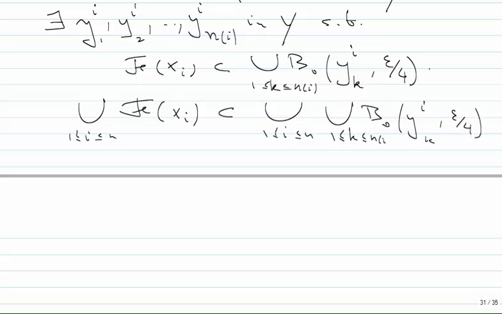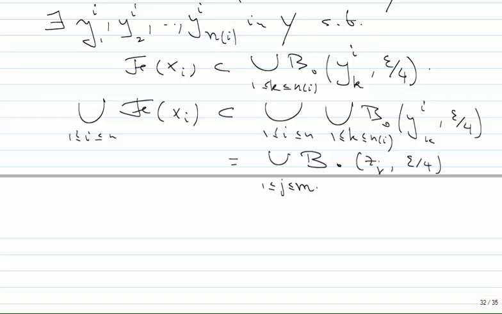If I put them all together, all these balls are centered at zj's, let's say, B(zj, epsilon over 4), where j is between 1 and some number m.